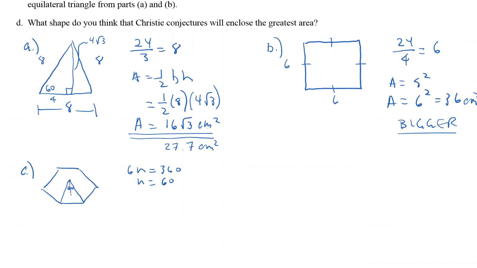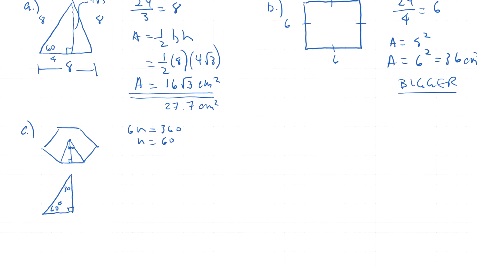And so when I draw this straight down, I'm going to get a right triangle, right? So I'm going to get this right triangle. I know if we do half, this is going to be 30, and I know this is going to be 60 degrees. And I know that I have a 30, 60, 90 triangle. I know what those angles are.